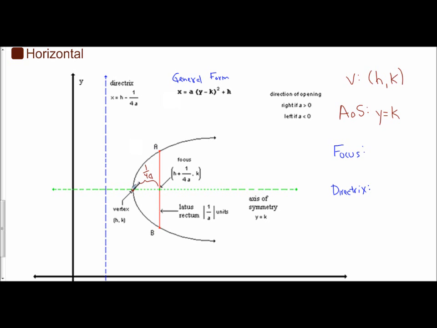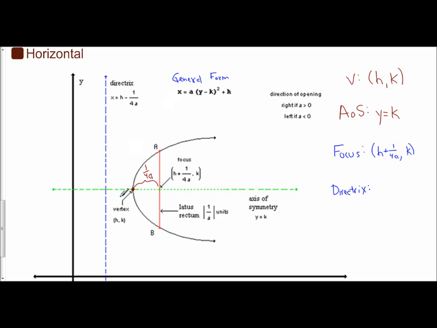So we're moving horizontally to the right from our vertex. So our h value will have 1 over 4a added to it. So the focus is represented by h, and since you're moving to the right to get to the focus from the vertex, it's h plus 1 over 4a. And since you're moving right, the vertical value does not change. The k does not change.